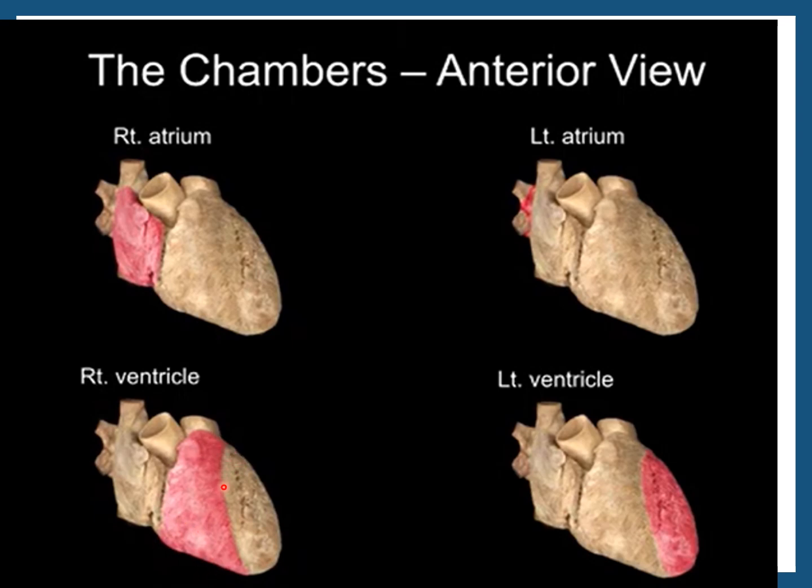And I want you to note this section right here that is separating the right ventricle from the left ventricle. That is called the interventricular sulcus, and it's a really nice landmark to note the anterior portion of the heart. If you try to look at the left atrium, you can't really see it in the anterior view. You can just see the top portion of it.